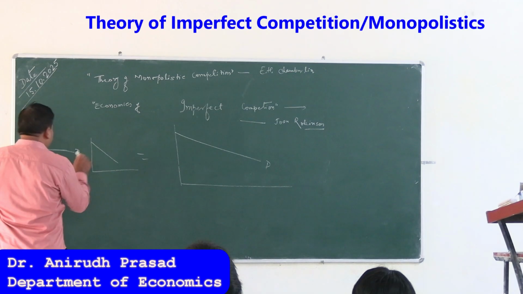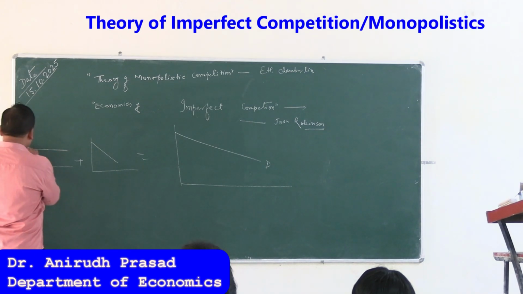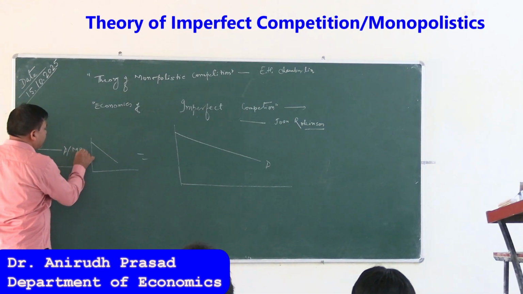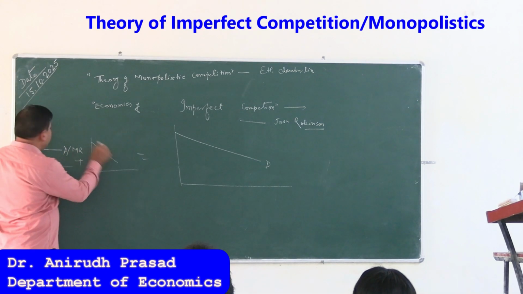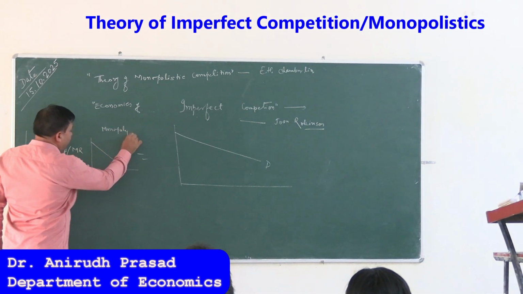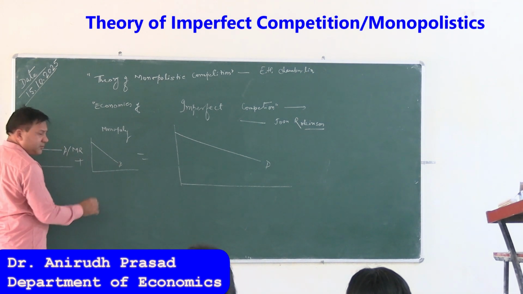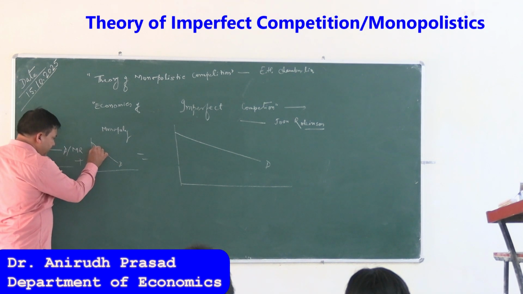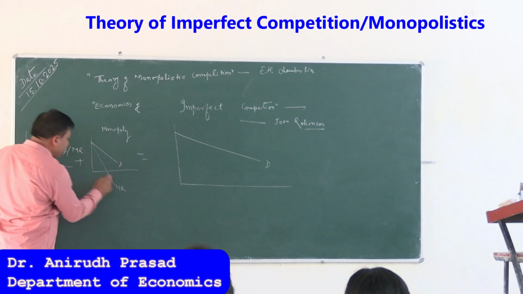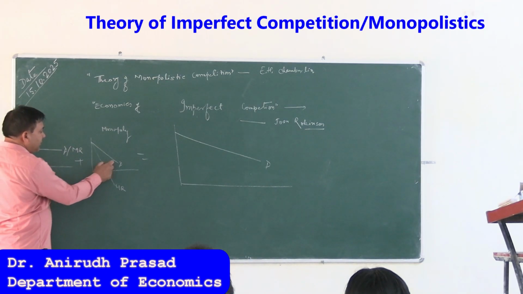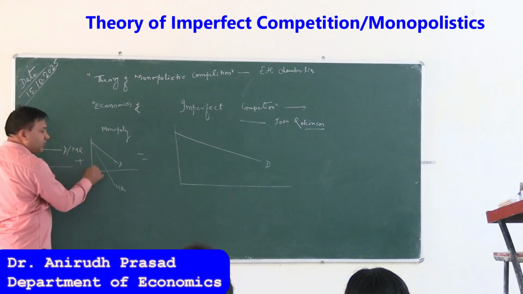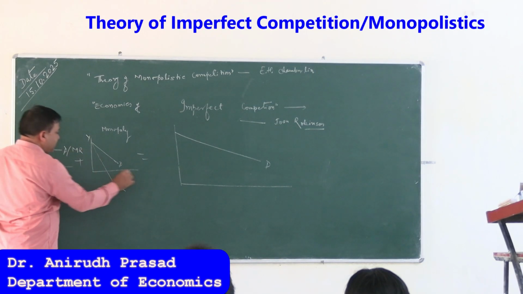In perfect competition, this is the price, this is the demand curve, and this is the marginal revenue curve. Similarly, in monopoly, this is the demand curve, and the MR curve passes between the demand curve and the OY axis.